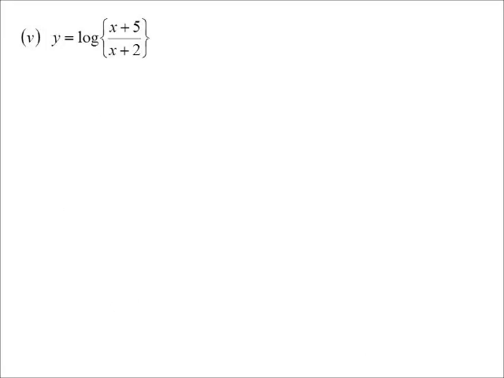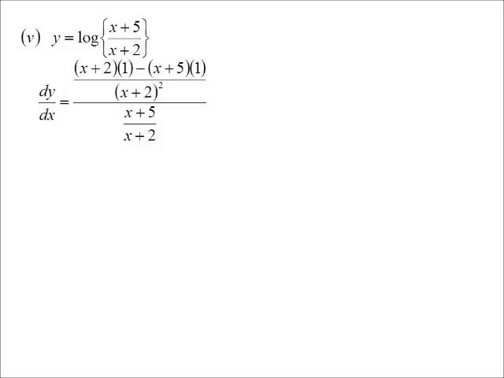Similar with this one, because if I leave it like this, when I differentiate, I'm going to have to use the quotient rule. And look what happens. Derivative on the function. Well, the function x plus 5 on x plus 2, look what's on the top. Square the bottom, write down the bottom, diff the top, minus write down the top and diff the bottom.